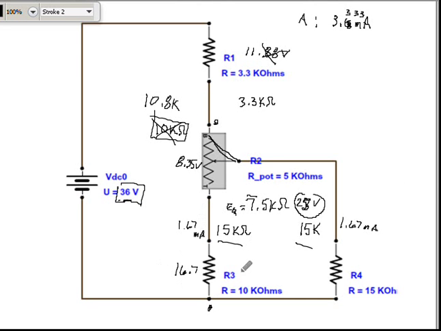So we pretty well solved for everything on this with the potentiometer completely maxed out. So 3.33 milliamps. And then we can solve for each resistor once we have that current. Whoops.